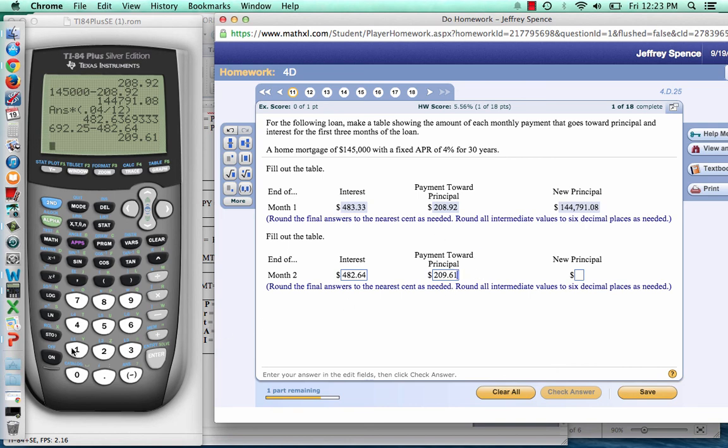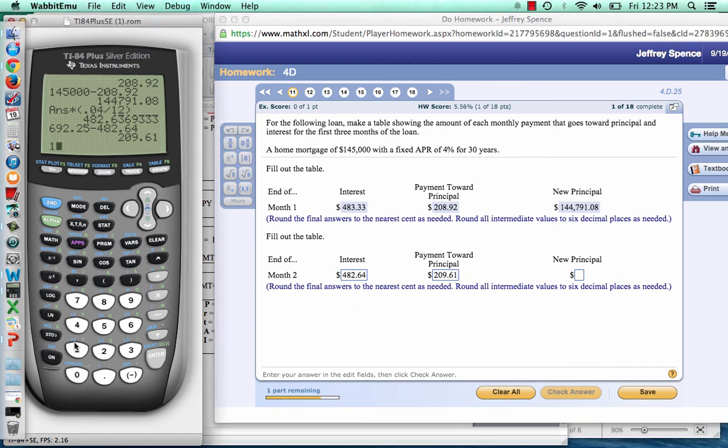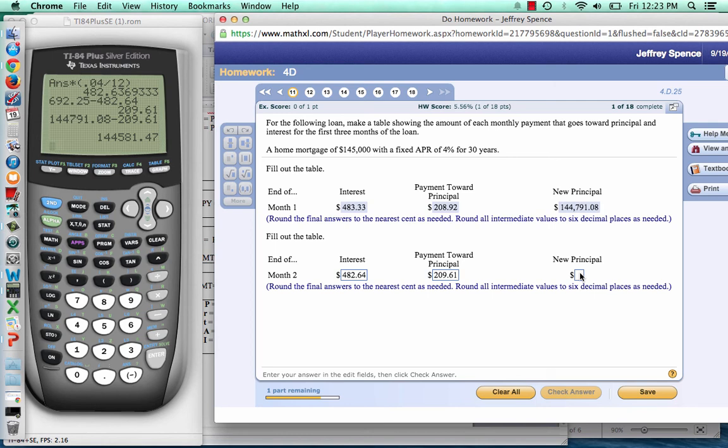So we have $144,791.08 minus the $209.61. That's what we paid off. So now our new balance should be $144,581.47.